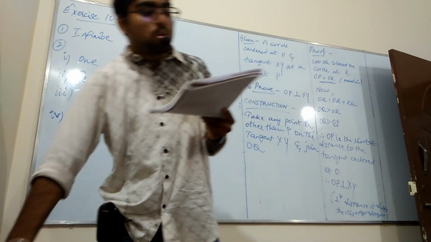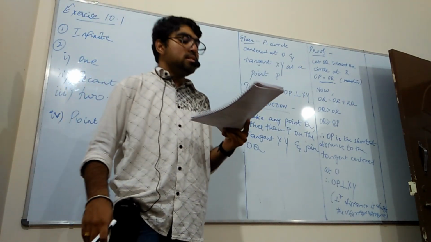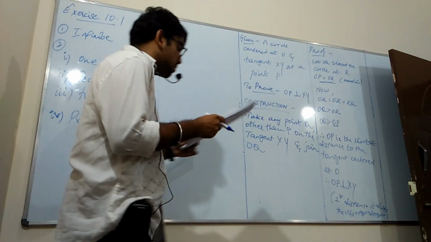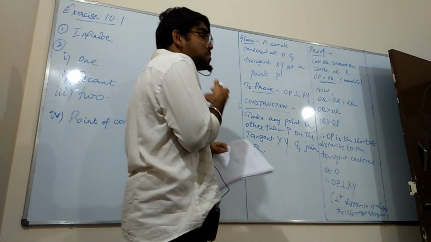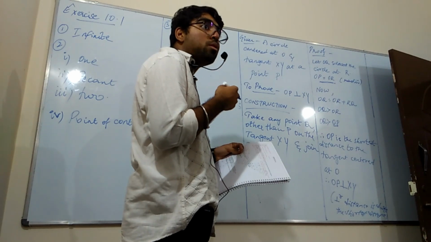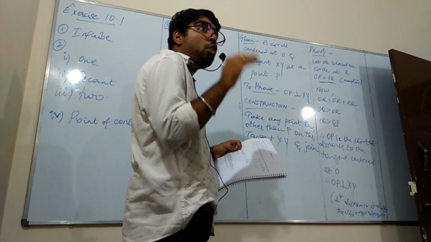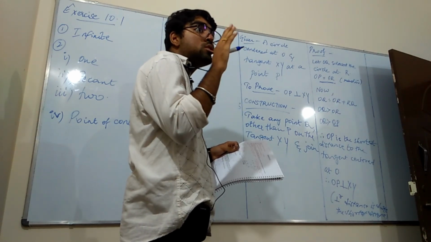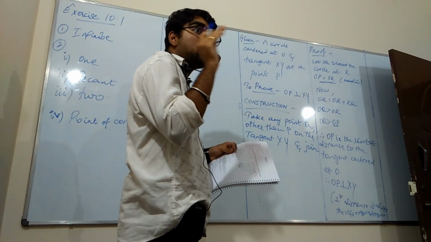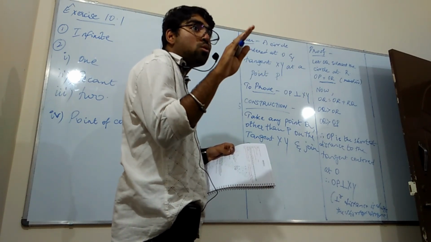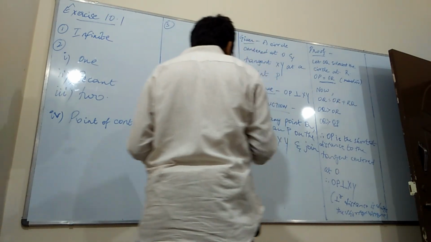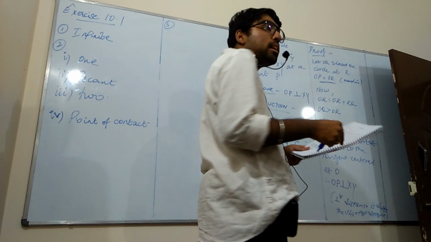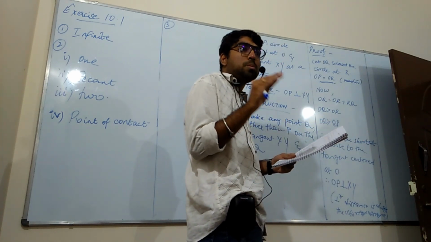Please do not take more time to solve it. For an MCQ, 45 seconds for you to solve, 10 seconds to read, 5 seconds to write the answer. Total 60 seconds. This is how an MCQ should be solved.